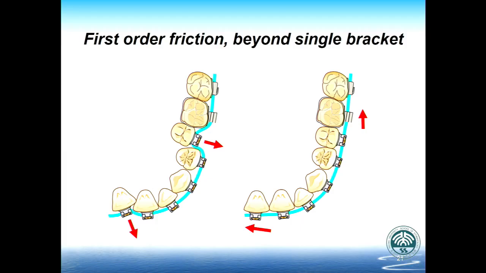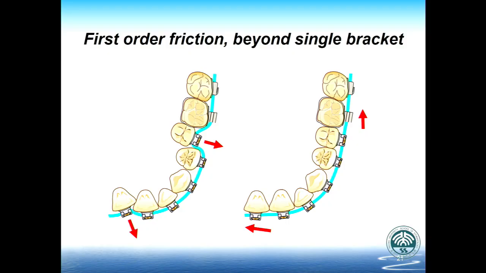For first order friction, we also need to think beyond only one tooth and a single bracket. That means if we want to align this arch, we want to move this tooth labially. Not only here do we need lower friction, this part we also need lower friction.